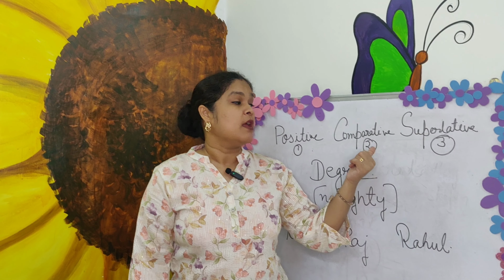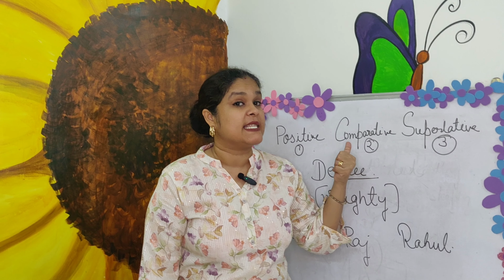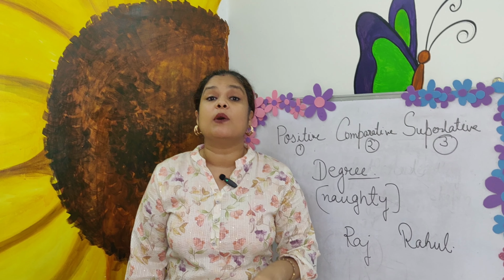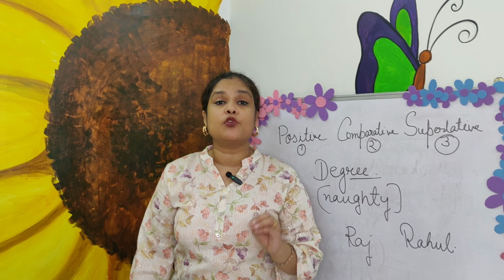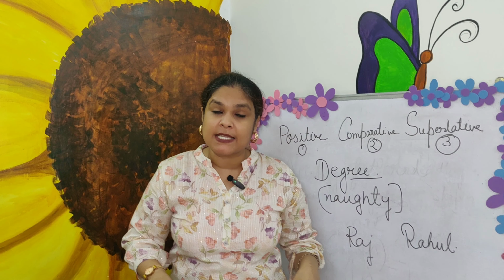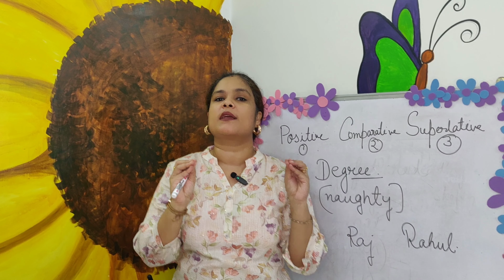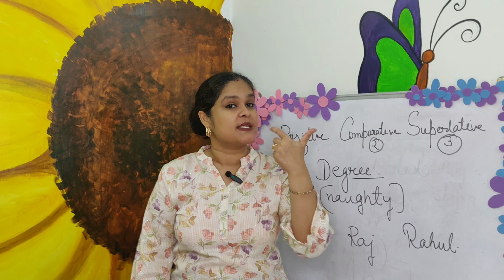Comparative. Compare. Look at this word, you will be able to understand from the word itself that it is talking about comparing. When you compare, there are usually 2 people, places or nouns that you are comparing. You know it very well, nouns are all about people, places and things.